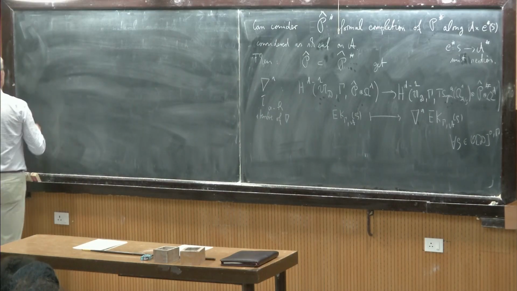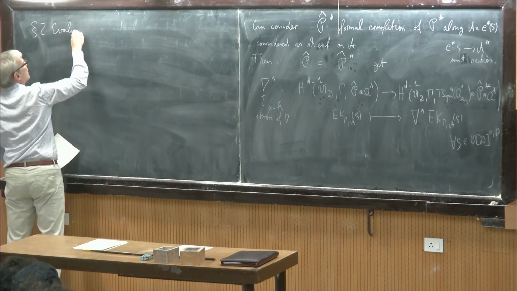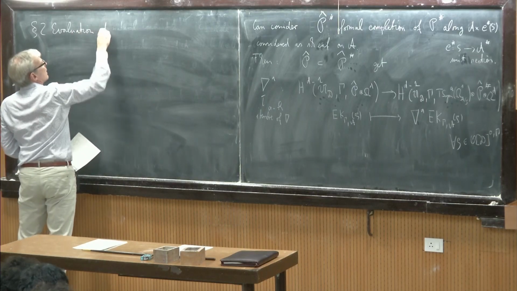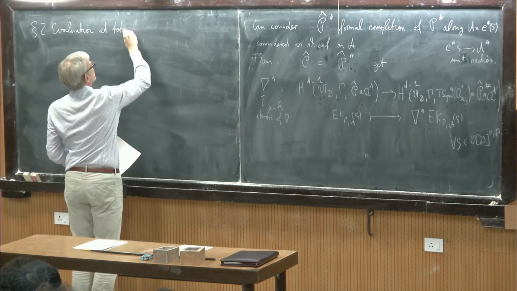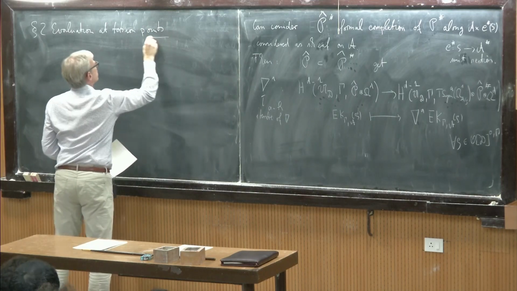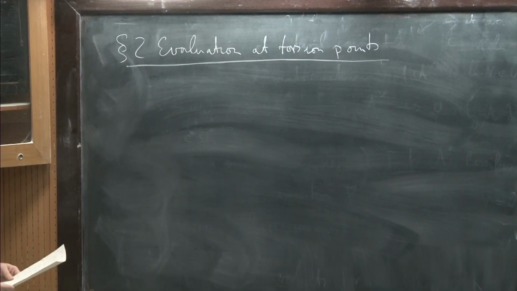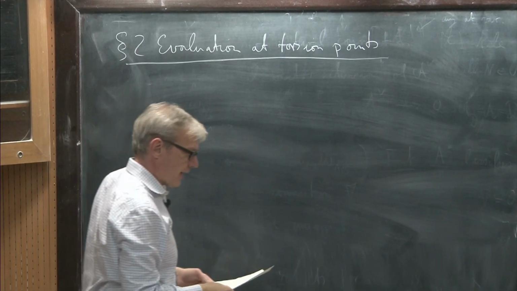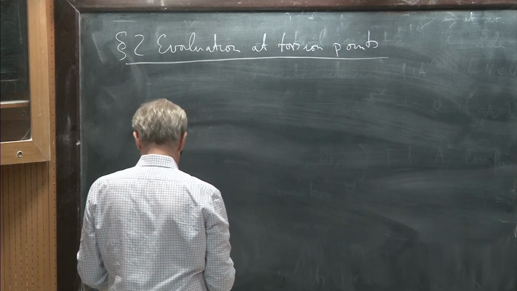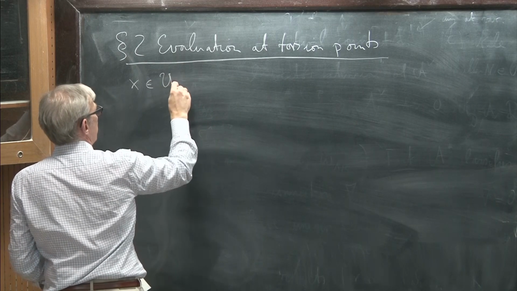Okay. So, evaluation at torsion points. So how does that go? We fix x in UD.